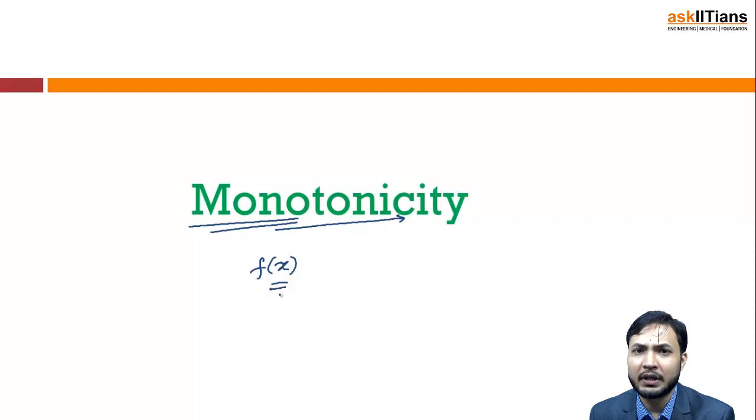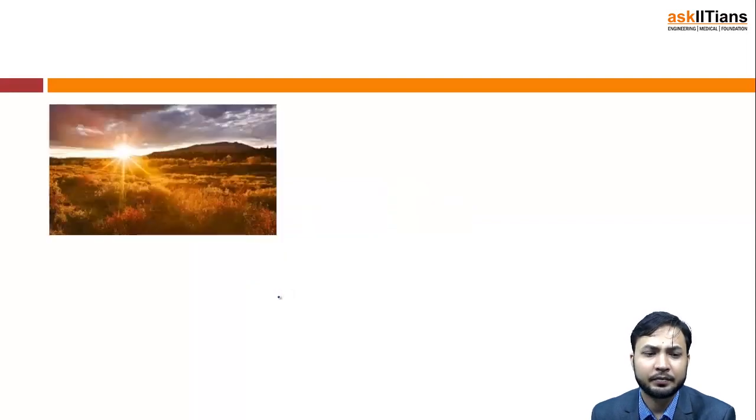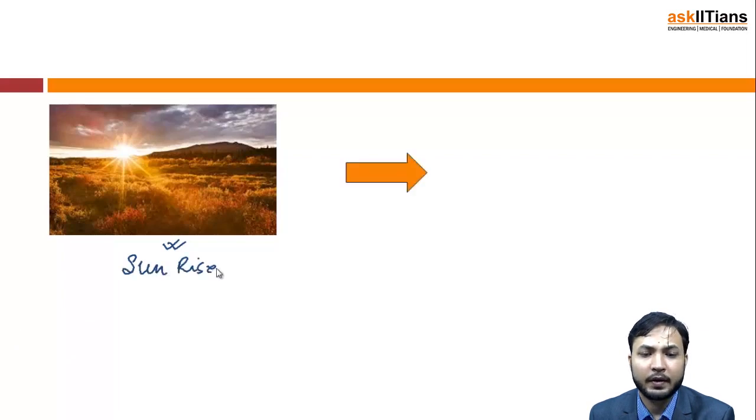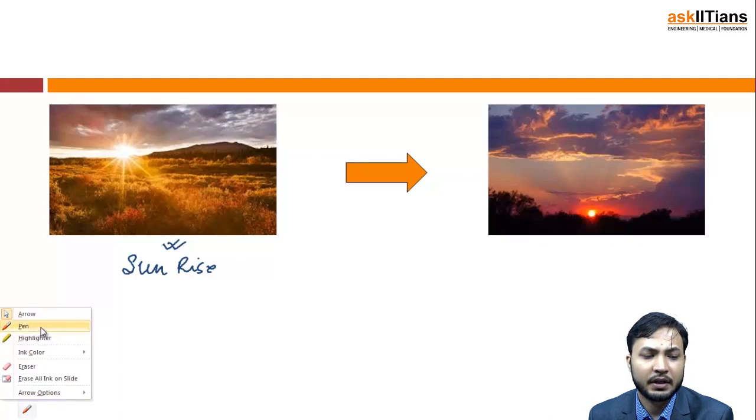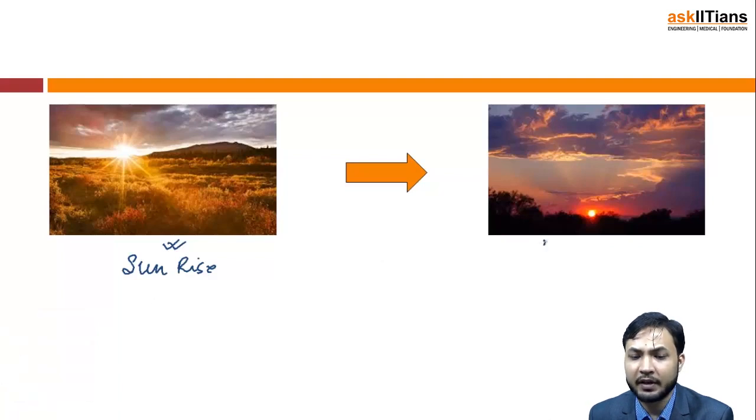Let's look at live examples. Let's say the sun rises every day early in the morning. So this is our sunrise. Then I have my sunset. My sunset comes every day, right?